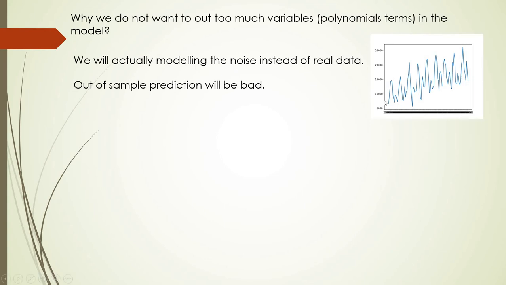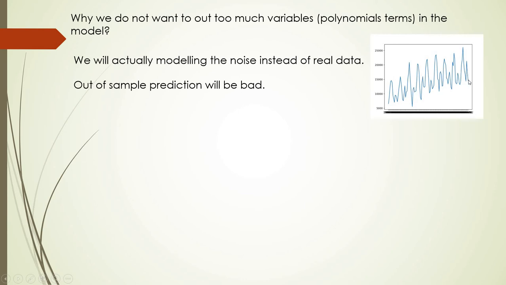For example, if these are our original data, we can really model these too, but you can imagine how many polynomial terms we need to put in our equation in order to do that. In that way, we can model every change of direction, but we will actually be fitting our model to errors in our data, not to real data.